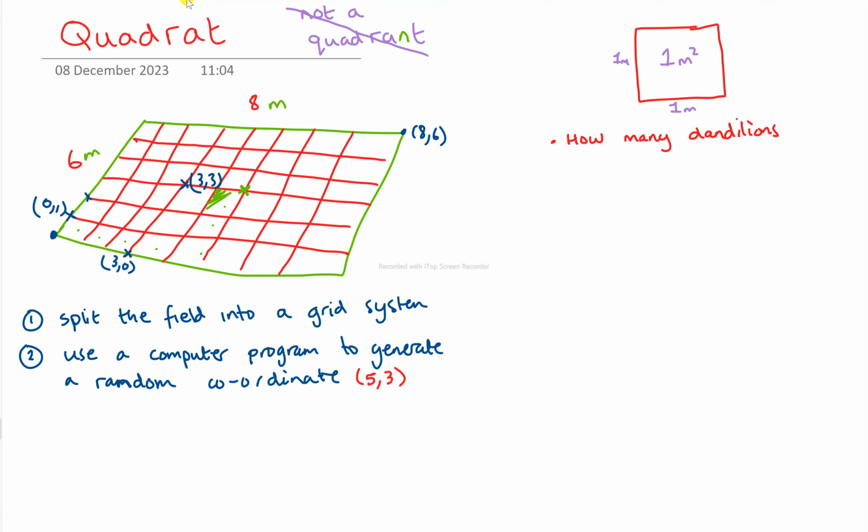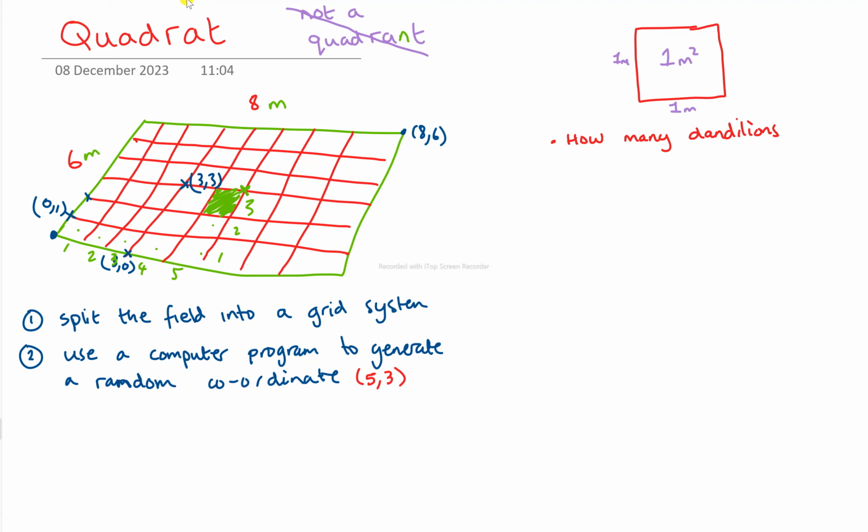So this part here is my random grid. I've gone 5 across, 1, 2, 3, 4, 5, and then I've gone up 1, 2, 3. So it's this bit here.